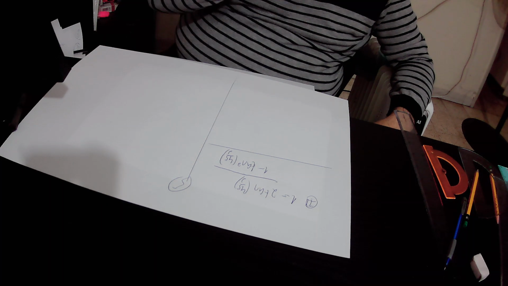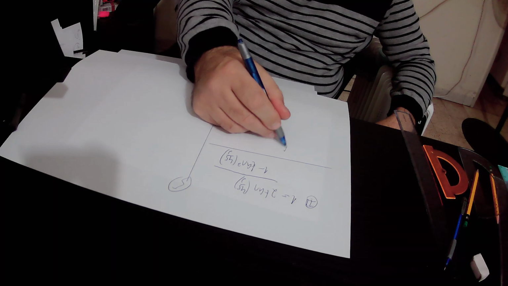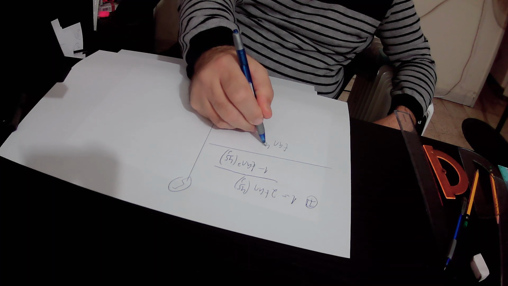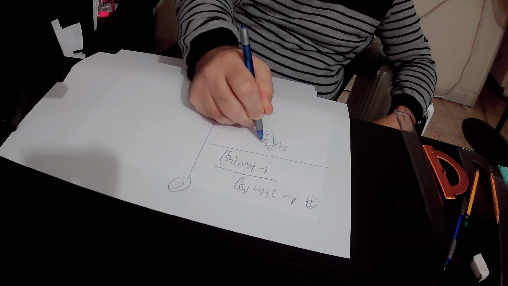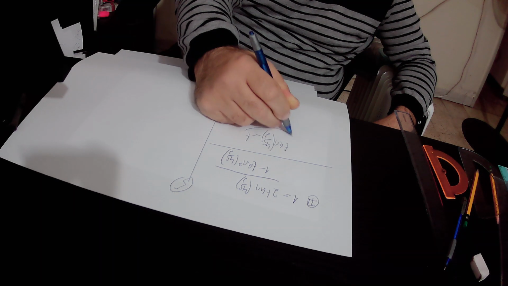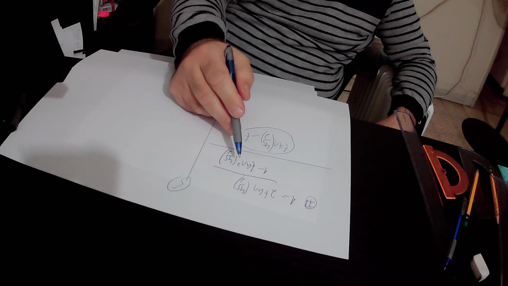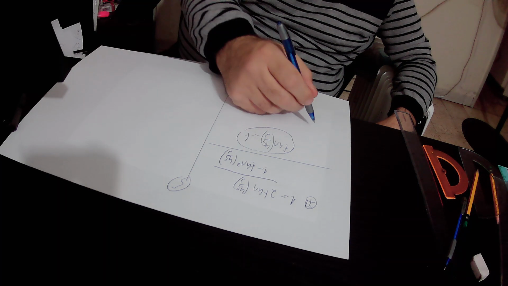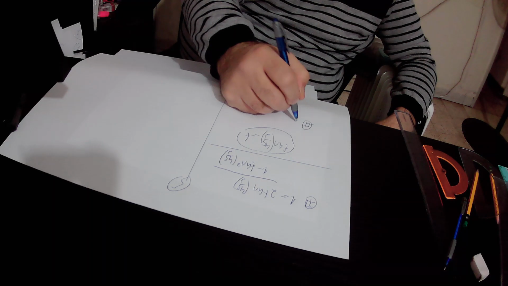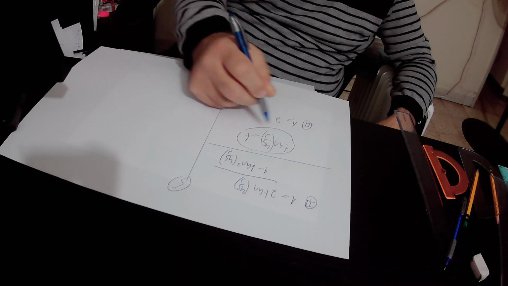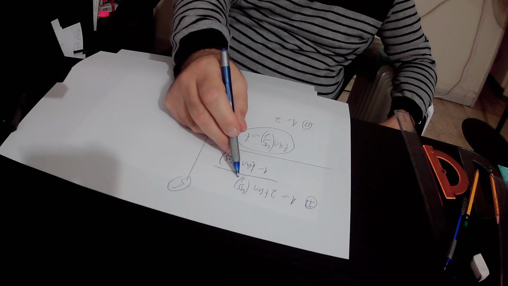In the next step, we'll define tangent 45 over 2 degrees as t, and we'll substitute tangent 45 over 2 degrees by t in this equation, equation number 2, and we'll get that 1 equals 2 times t.